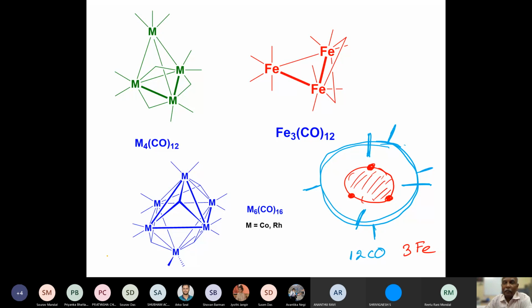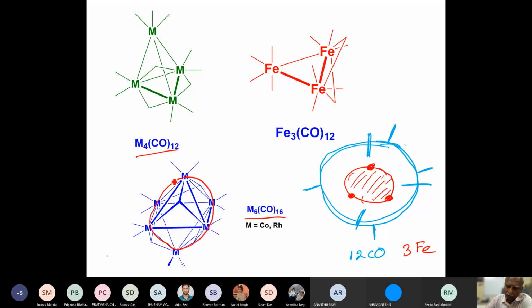So the same thing can be said for the M4CO12 unit or the M6CO16 unit of the cobalt. You have 6 cobalt atoms in a sphere, which would be described by this small sphere.